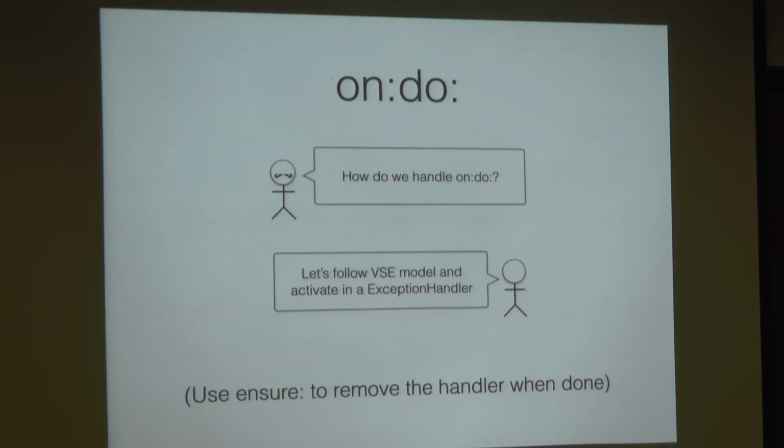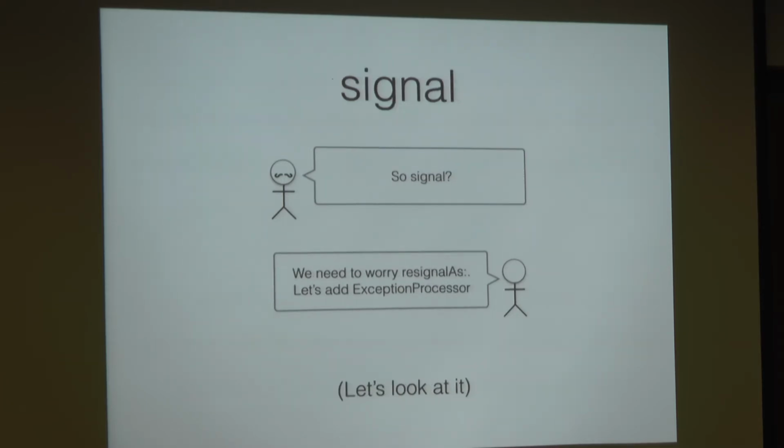We can have an exception handler and have it process the exception. We can put it on the process object. As we're going up and down the stack, we can use ensure to make sure it's the proper handler. And ensure will remove it when we return from this. What about signal? We have to worry about resignal as and a couple of other things that VSE doesn't, before ANSI Smalltalk. VSE was built before ANSI Smalltalk.